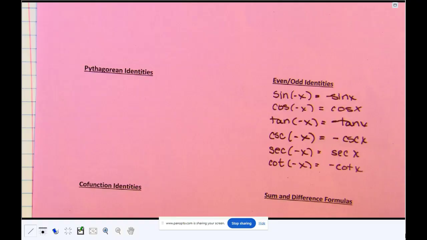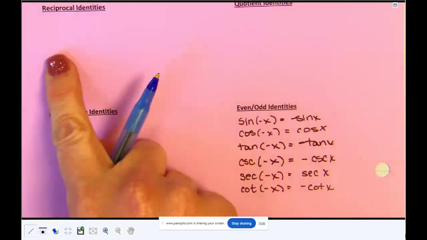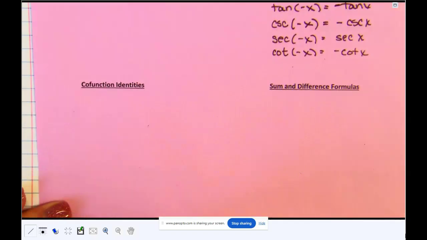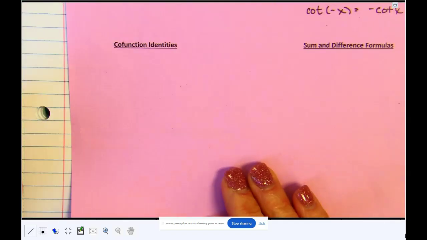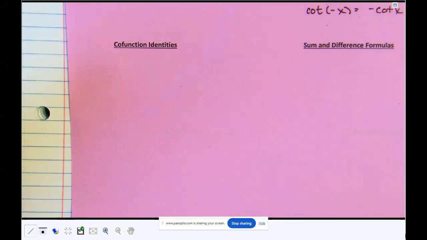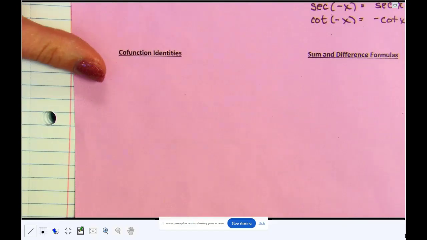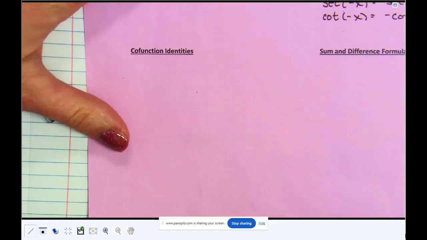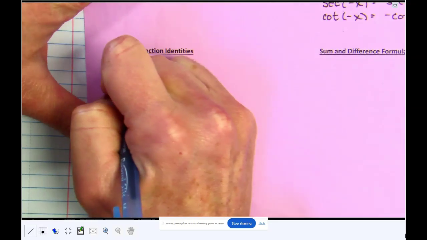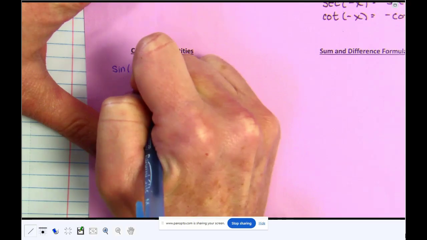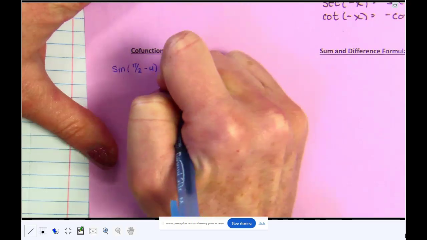Okay, so you guys should have reciprocal, quotient, Pythagorean, even and odd, but you don't have anything in cofunction. There are 6 of these, so we're going to write those down. Sine of pi over 2 minus u equals cosine of u.